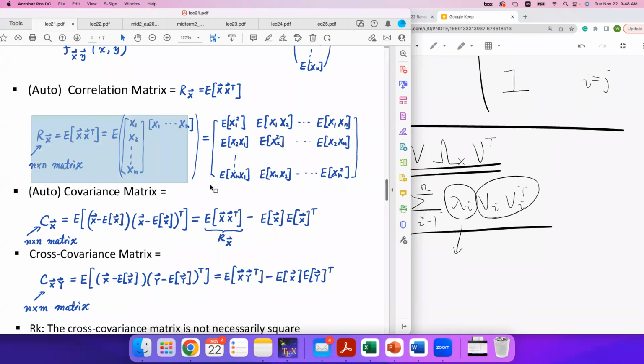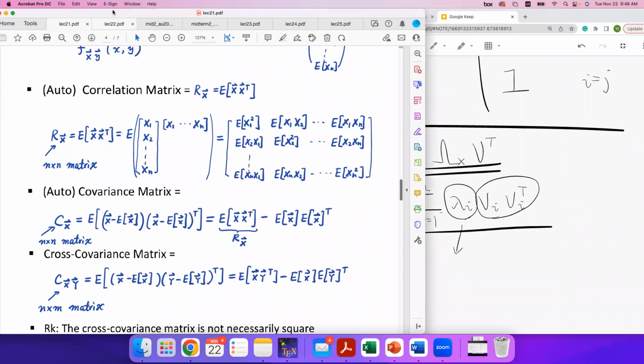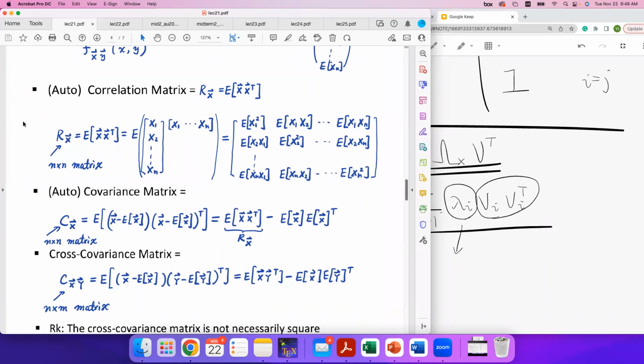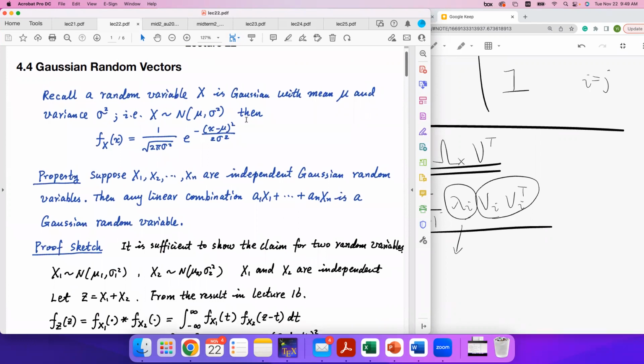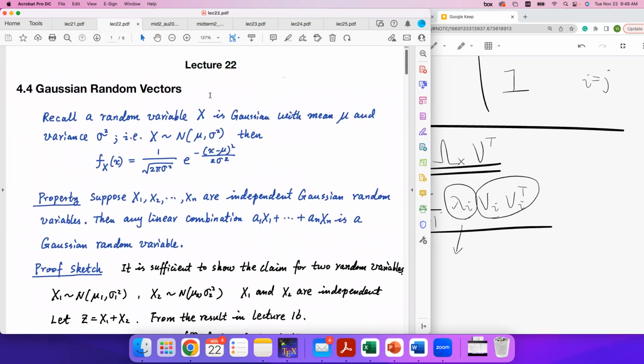And for matrices, we can use linear algebra to help us understand the structure of these statistics in the high dimensional random vectors. Next, based on that, we can define the Gaussian random vectors, which is a very, very useful and very special case of random vectors.